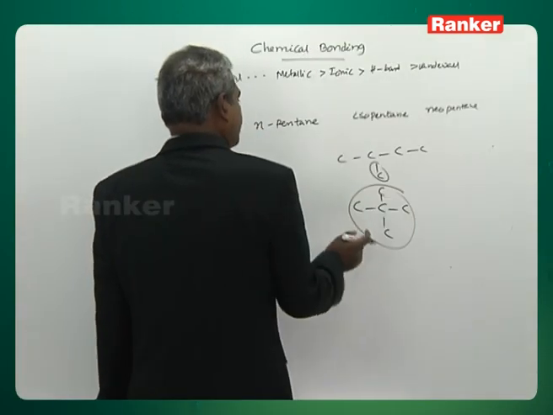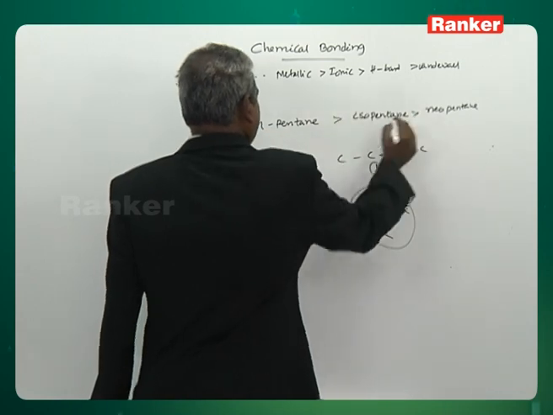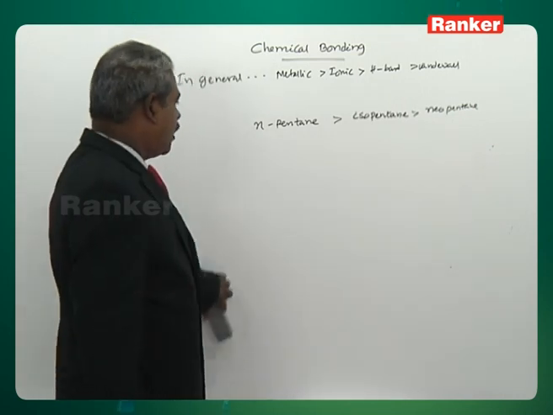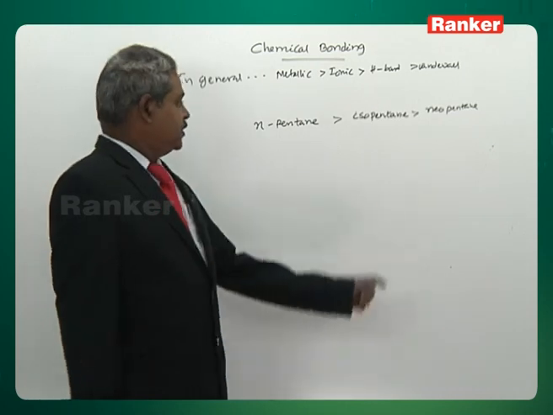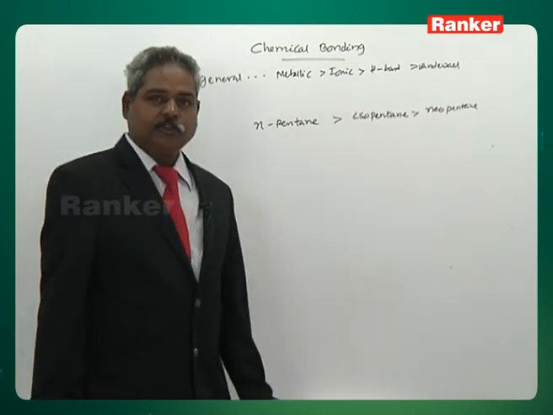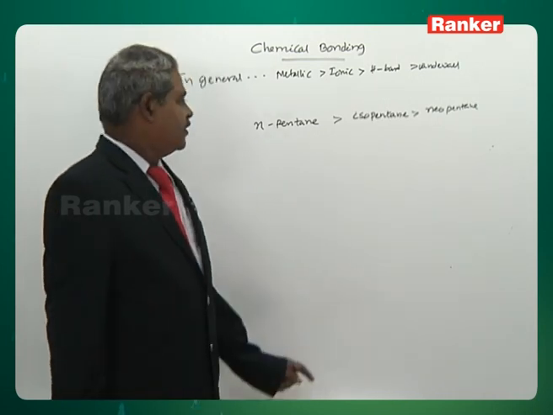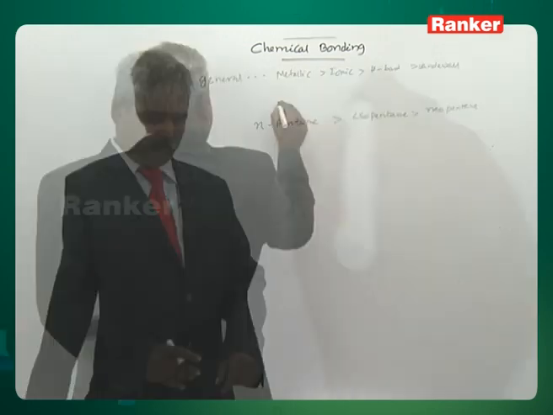Therefore, more branches, less boiling point. So this is used as a last tiebreaker. Talking about surface areas and their dependence on boiling point, that is the last resort. You look at it when there is no other force of attraction actually.